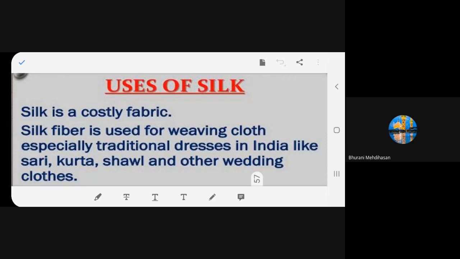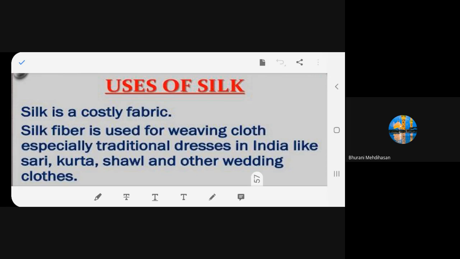Now silk is very expensive, so it is a costly fabric. Common people cannot afford it, but everybody wants to wear it because it is very beautiful.